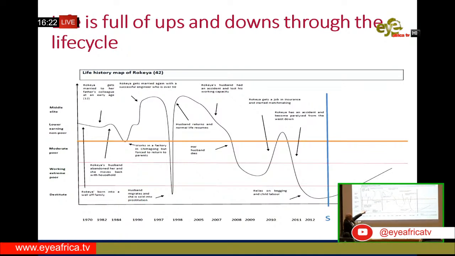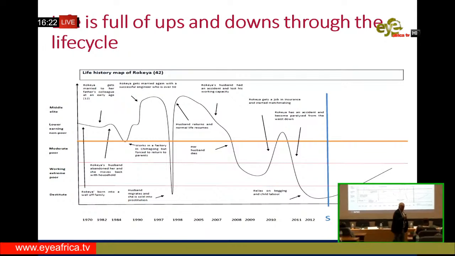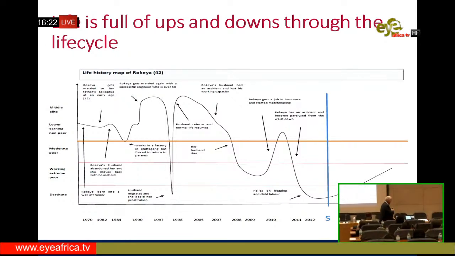The yellow line is between moderately poor and moderately rich. But what you see is that she drops all the way in 10 years' time. Her income goes up and down and up and down and up and down. And if you want to target, what is she? Is she poor or is she not poor? That depends on the moment you look. Okay. So again, that's why.